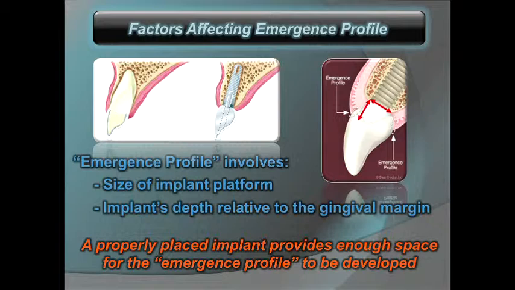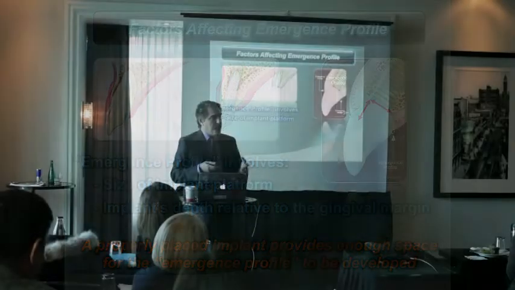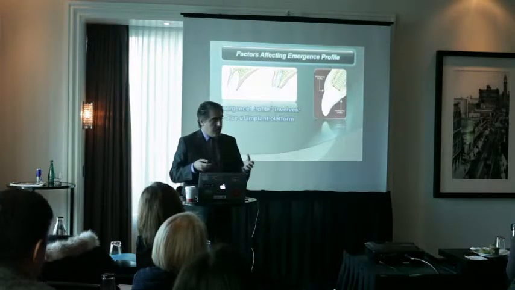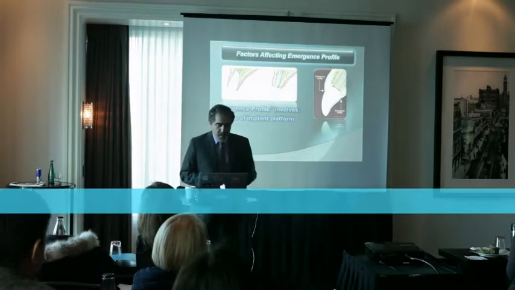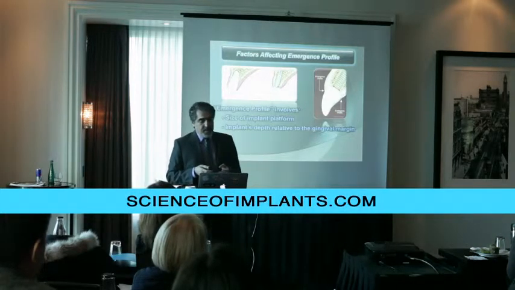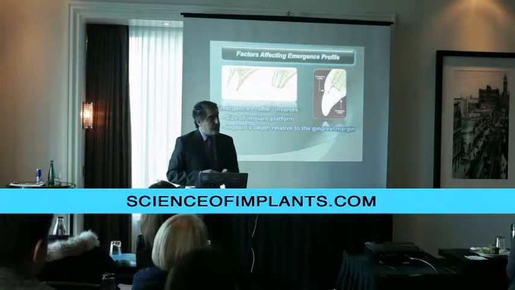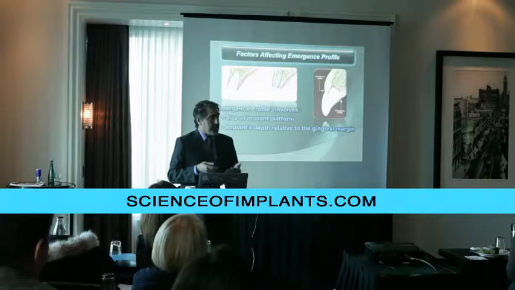So when we are talking about the emergence profile, the development of the emergence profile would involve basically, number one, the size of the implant platform. So we always talk about the emergence profile, but we don't pay attention to the size of the implant. If we have a large implant, of course, developing a better emergence profile will be easier. So that's number one. Number two is the depth of the implant platform inside the bone.